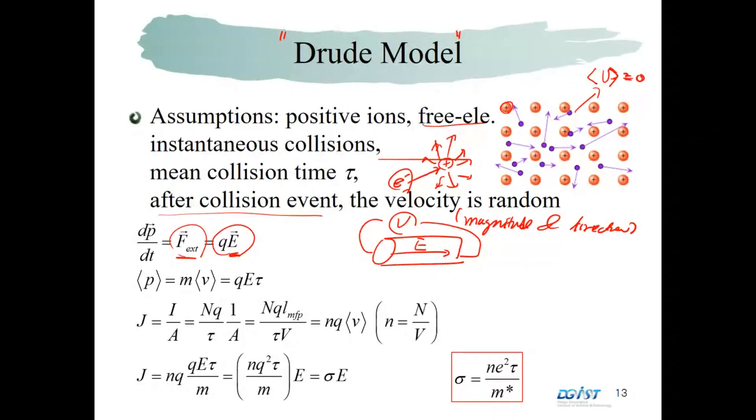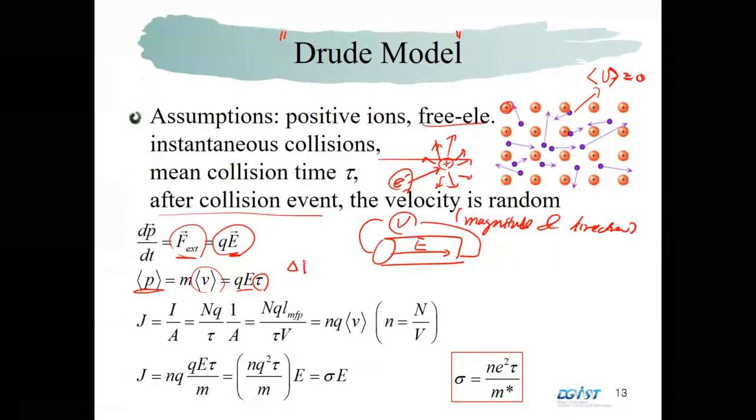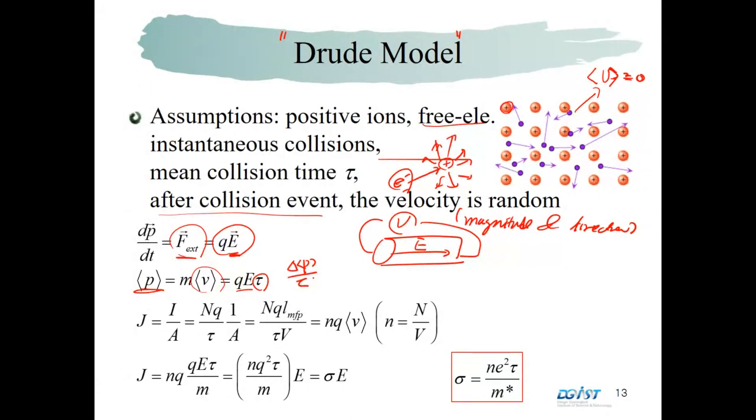With the E field, we think about the average velocity or average momentum of the electron, and this momentum must be QE tau, because delta P over tau, the change of momentum during the collision time, should be QE. So we have such a relation.